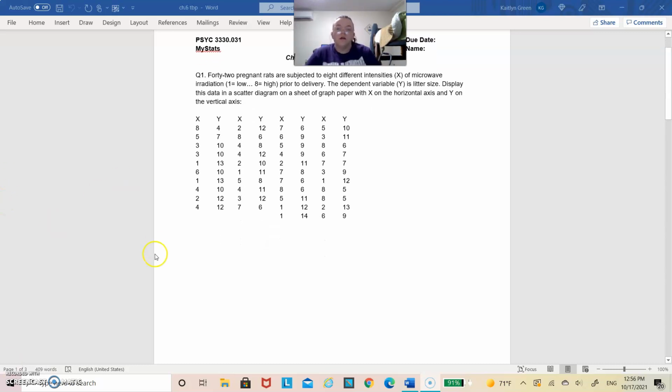As you can see, each x variable will go with its corresponding y variable, and you'll just go through and put all these on a graph. Our lowest x variable started off at 1, and our highest was 8. And then for the y variables, the highest value was 14, so I made my graph with 1 being the lowest value and 14 being the greatest litter size.